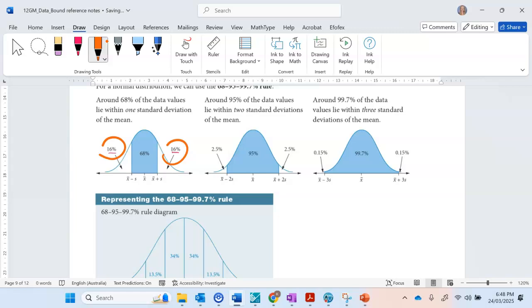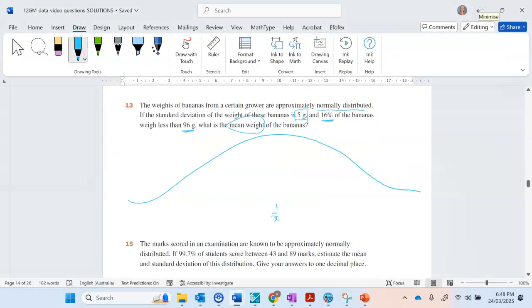So let's think about this number of standard deviations. We are 1 standard deviation either side of the mean for that one. So with my bell-shaped curve, there's 1 standard deviation either side. It has said that 16% weigh less than 96, so the 96 has to go there. So this percentage is 16%.